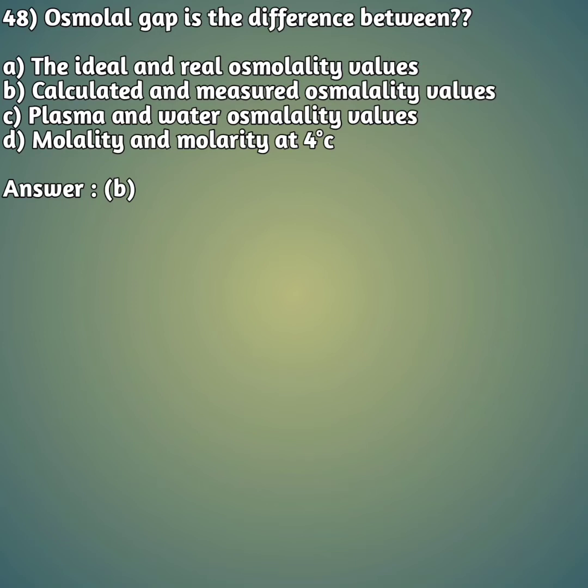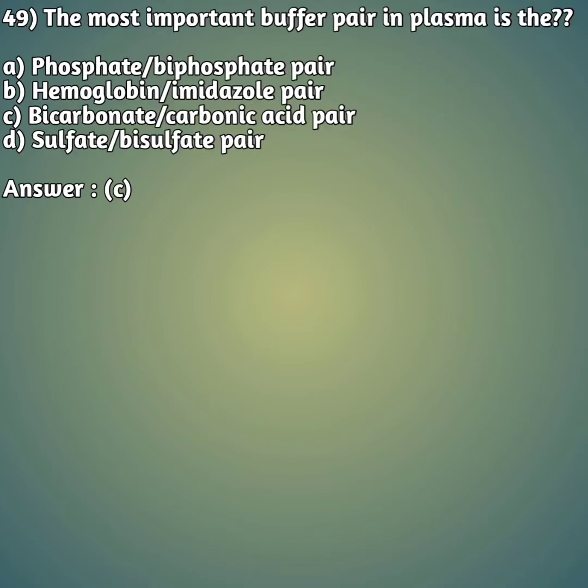Moving on to our 49th question. The most important buffer pair in plasma is option A, phosphate or biphosphate pair. Option B, hemoglobin or imidazole pair. Option C, bicarbonate or carbonic acid pair. Option D, sulfate or bisulfate pair. So the most important buffer pair in the plasma is option C, bicarbonate or carbonic acid pair.